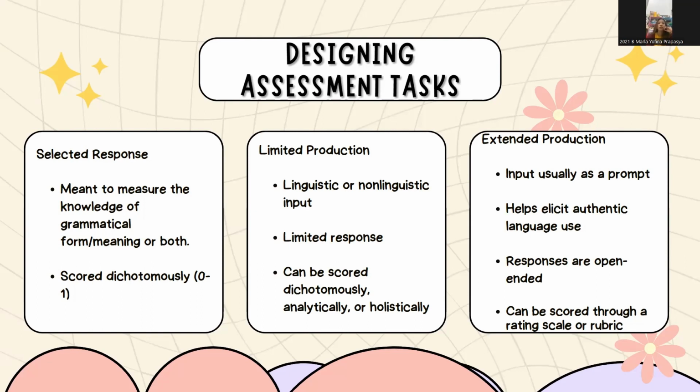Then we have limited production, where linguistic or non-linguistic input is used to elicit a limited response, and it can be scored analytically or holistically. And then we have extended production. The input is usually a set prompt to help elicit authentic language, and responses are open-ended and can be scored with a rating scale.